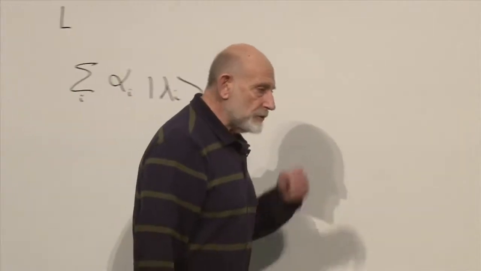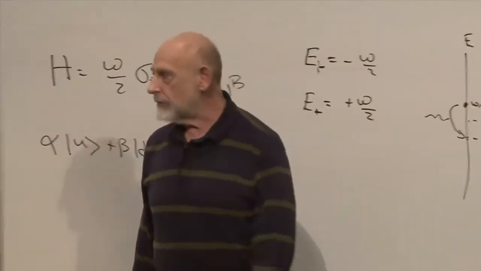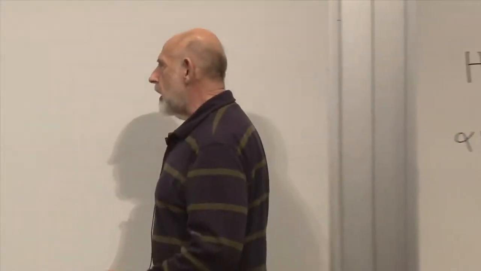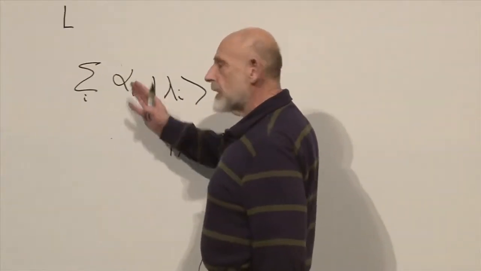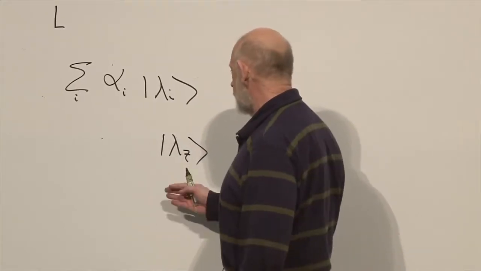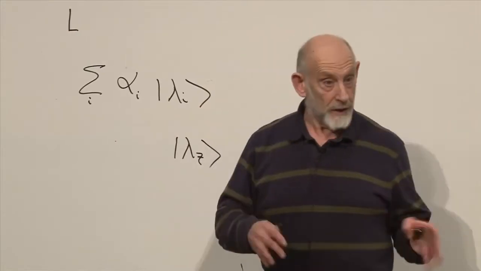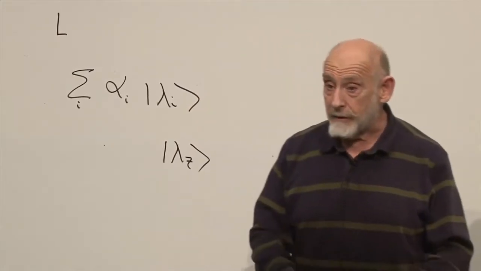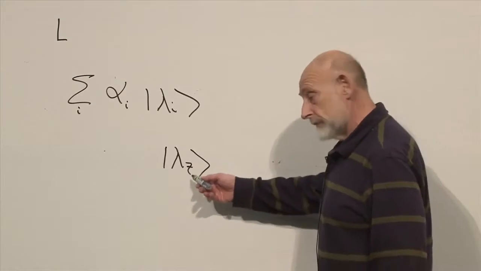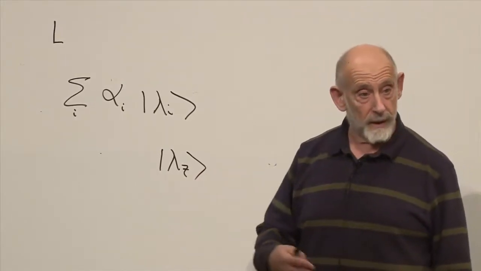The course of the operation of measurement is not governed by the Schrödinger equation for the system. It's governed by the nature of the measuring process. And it simply tells you that you'll come out with one of the eigenvalues as the measured value, and the state vector will be just one of these. Which one? Random, depending on the measurement.